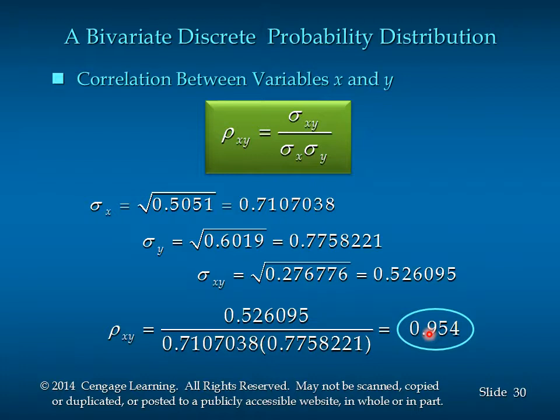And so I ask, what does that mean? If you know your correlation is 0.954, what does that mean? I'm going to give you a hint.